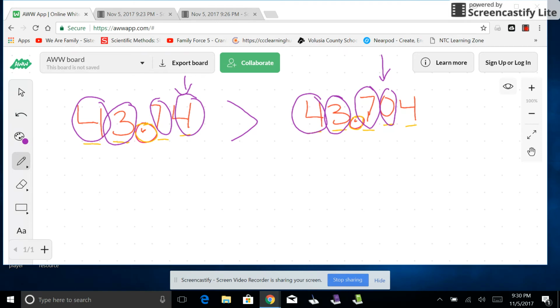It's 43 and 74 hundredths is greater than 43 and 704 thousandths.